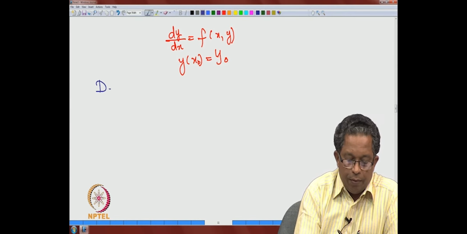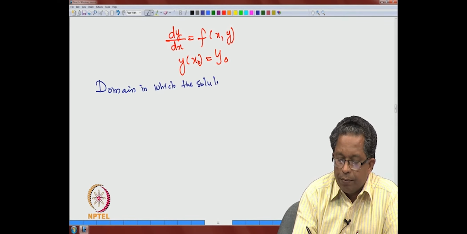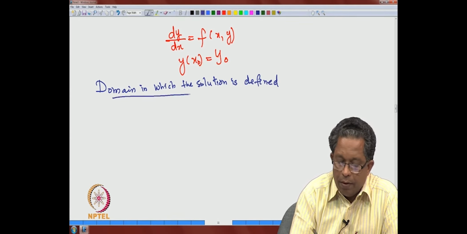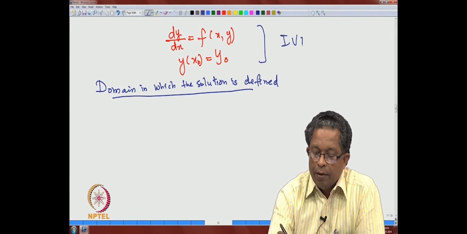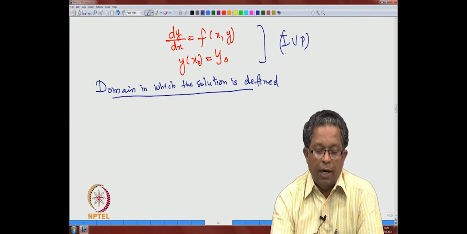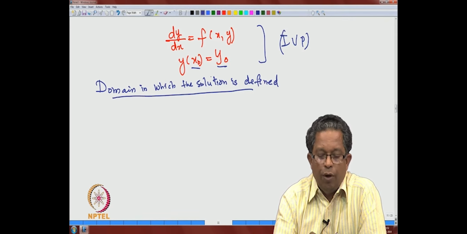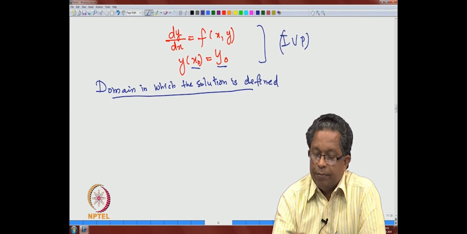The domain in which the solution is defined. So, for an initial value problem of this form, there may be a solution starting from the point x0, y0, and that solution may exist only for some interval on the x axis.